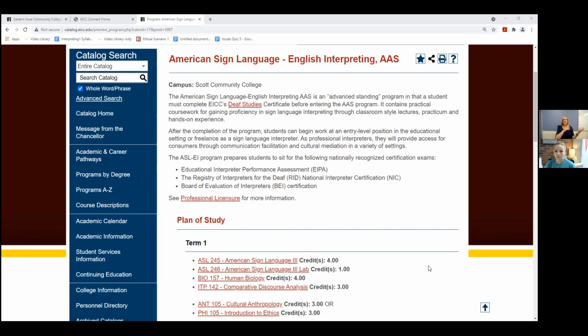We're building in all of the formal structures of the language, so that when you are an interpreter, you can be flexible enough to go from the very formal structure of ASL to other versions of sign language and conversational sign language very easily. And that formal structural ASL is also what gives you the ability to pass all the certification tests to become a professional interpreter.